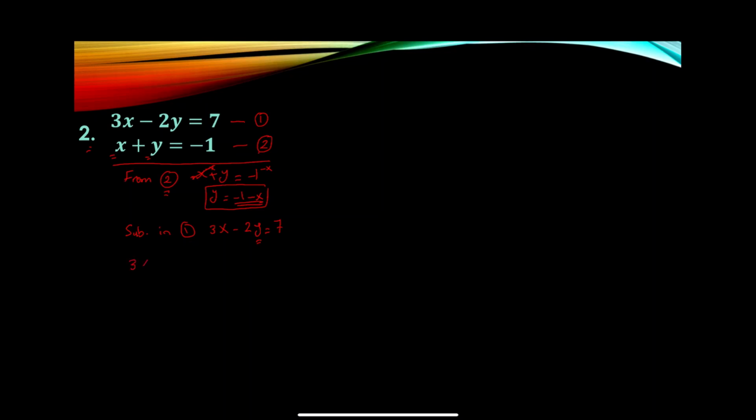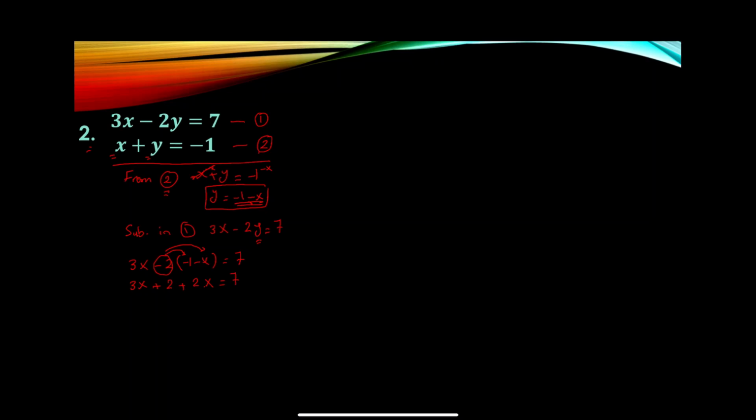So it's 3x, negative 2, put a bracket, and inside the bracket negative 1, negative x, equals 7. Negative 2 will be multiplied by the bracket, times negative 1 and times negative x. Negative 2 by negative 1 is positive 2. Negative 2 by negative x gives positive 2x, equal 7.